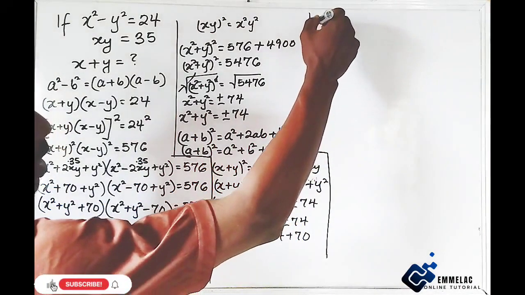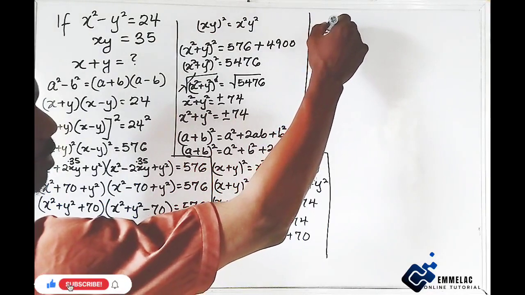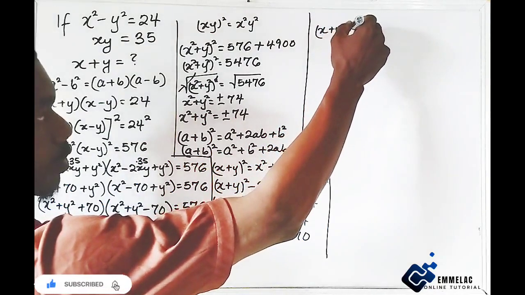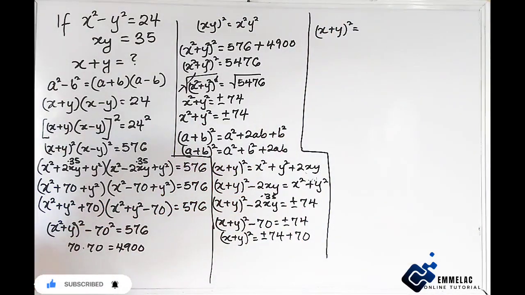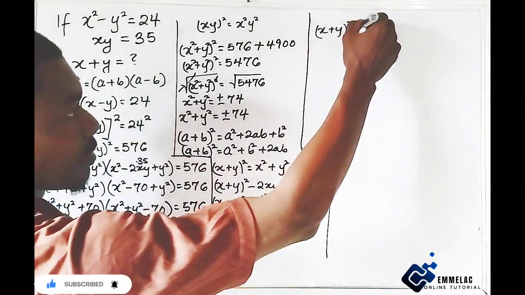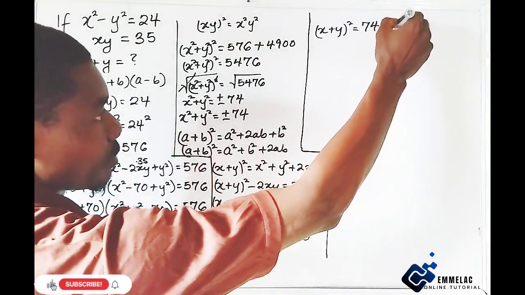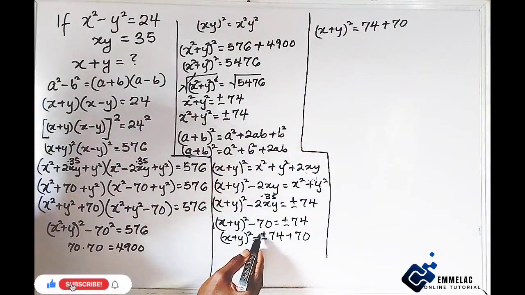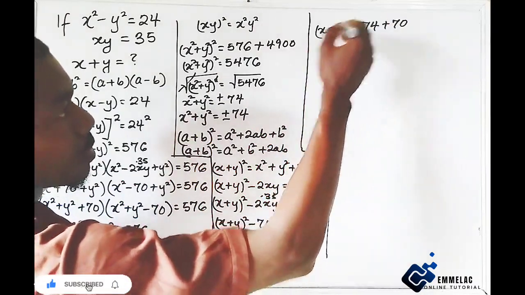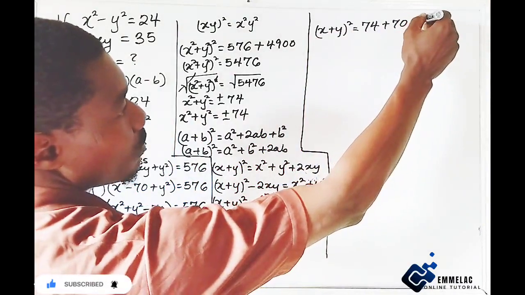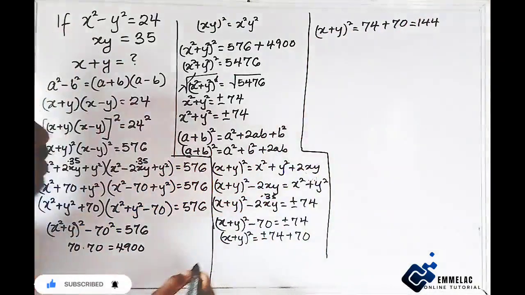Now if that be the case, we can say here that (x+y)^2 will now give us 74 plus 70. For the first sign, this will give us 144, right?